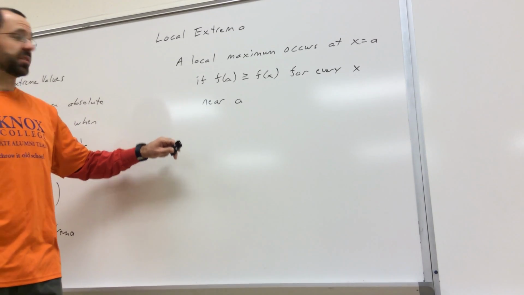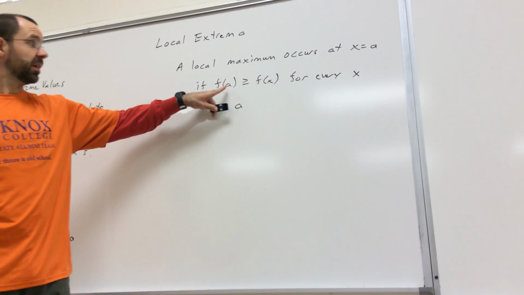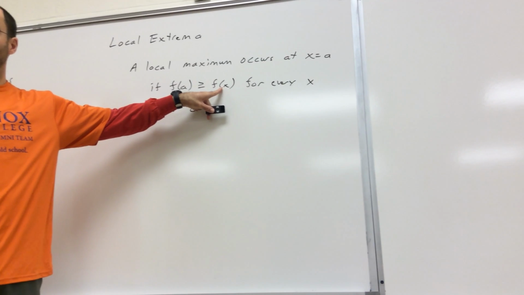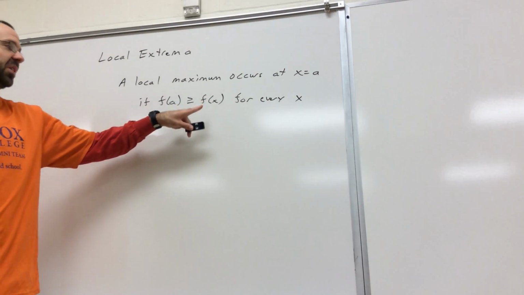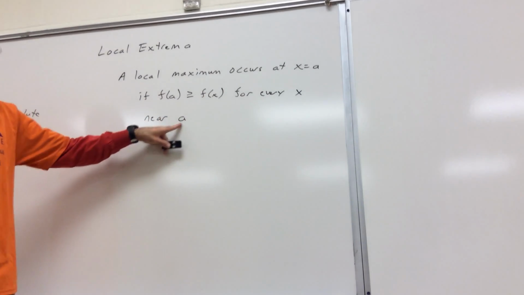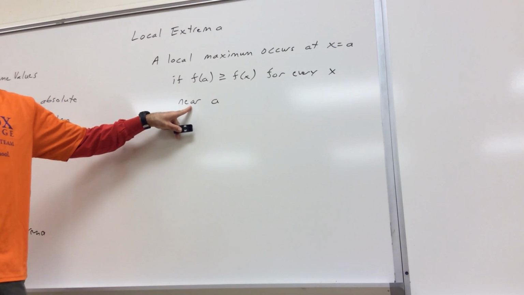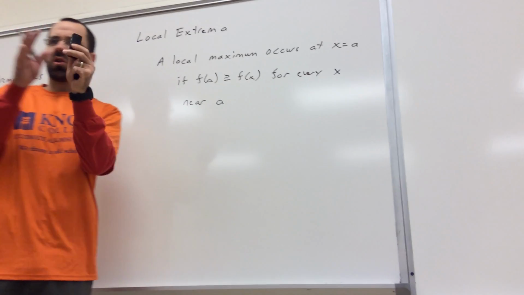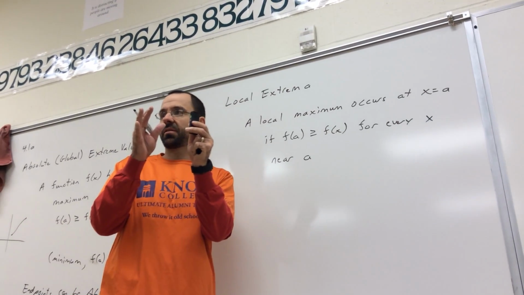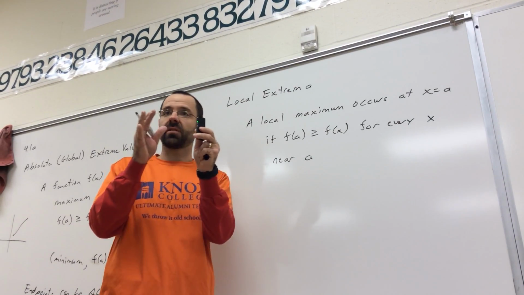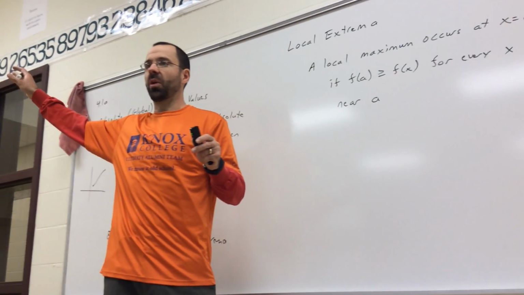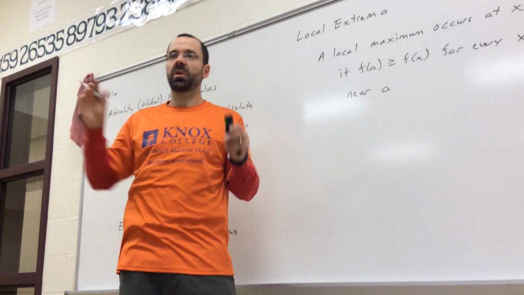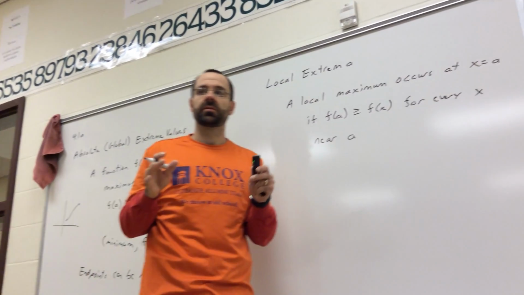So what that means is that this y value is bigger than the y values, but not bigger than all the y values. It's just bigger than the y values that are close by. So just in a small area close to it, it's the lowest or the highest one. So there could be far away a higher point, but it's the highest one near there.